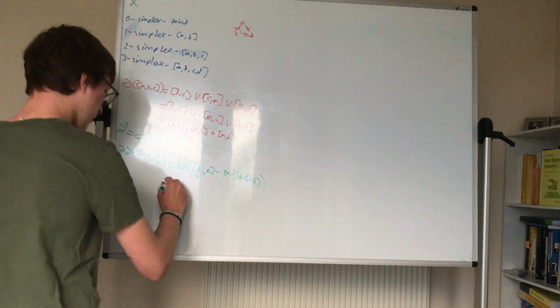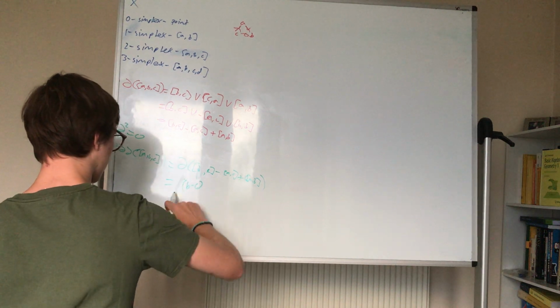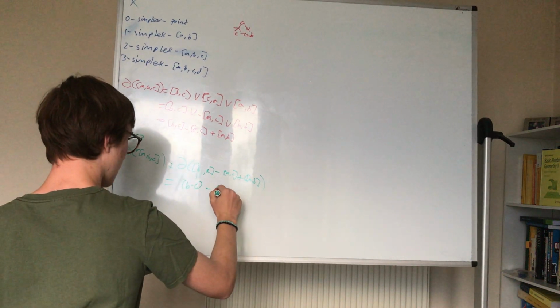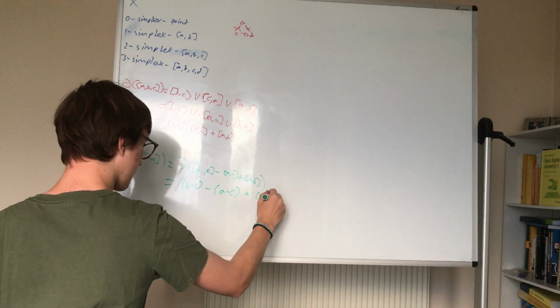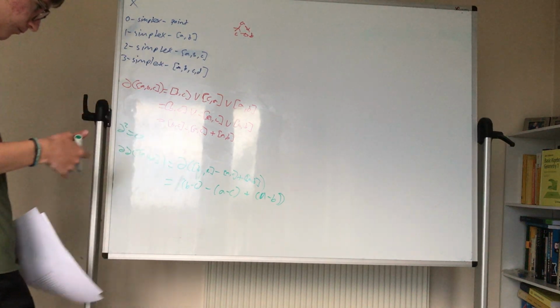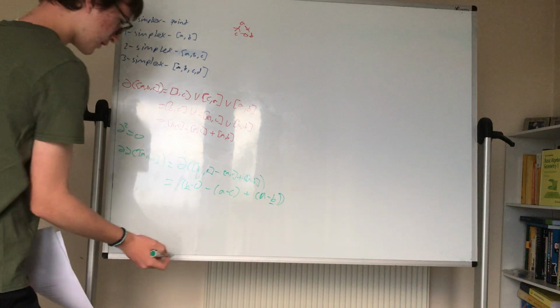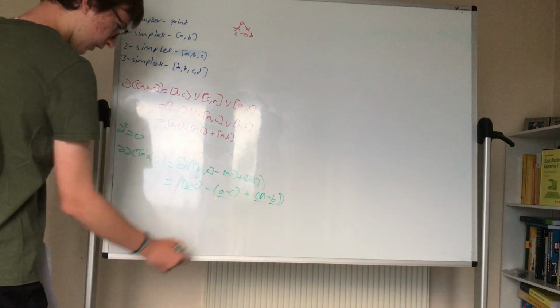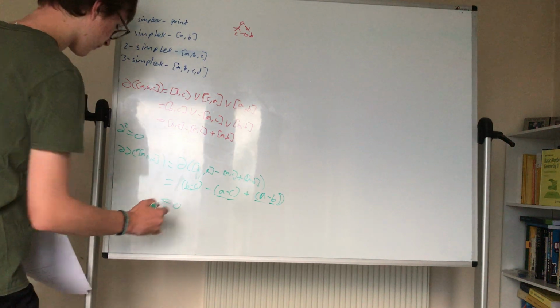And this is just equal to B minus C, don't need these outside brackets, minus A minus C plus A minus B. And now if we do the algebra, this B cancels with this B, this A cancels with this A, this C cancels with this C. So we just get 0.